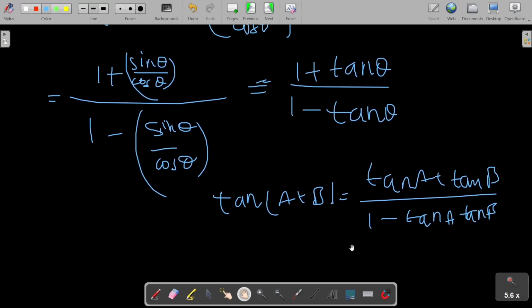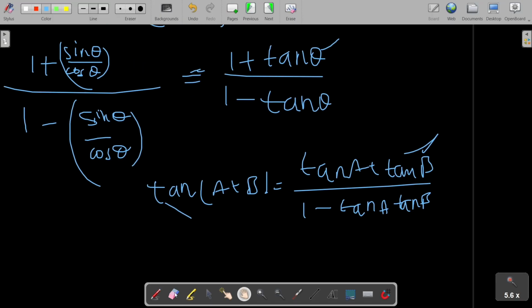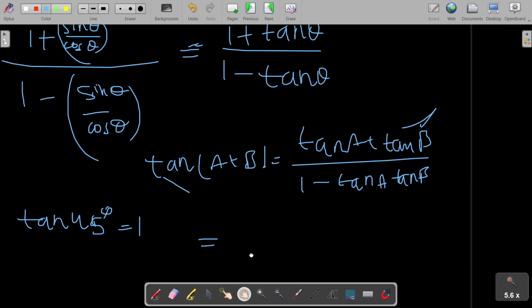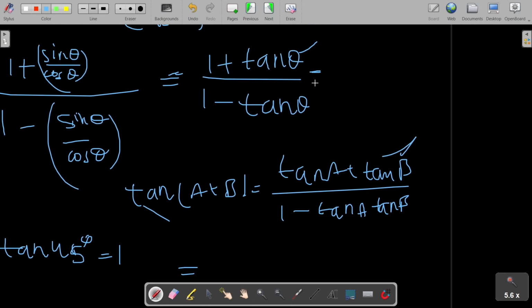So we can relate this thing with this thing. Here tan B is tan theta and tan A is 1. If tan A is 1, then A should be 45 degrees, as we know that tan 45 degrees is 1. So let me write that clearly.